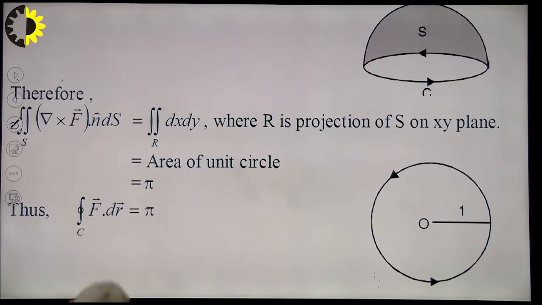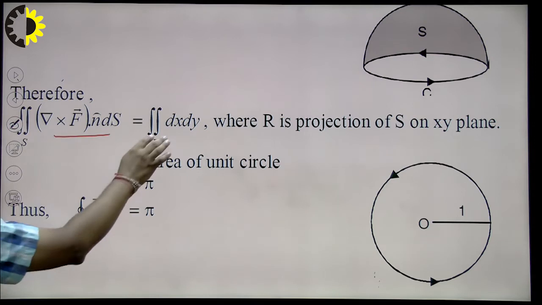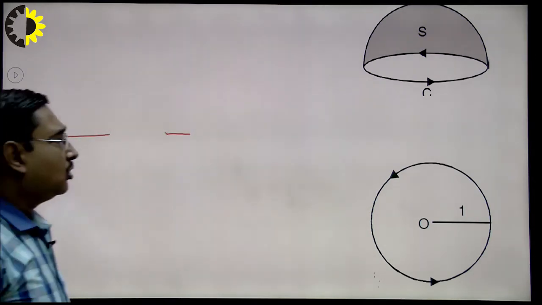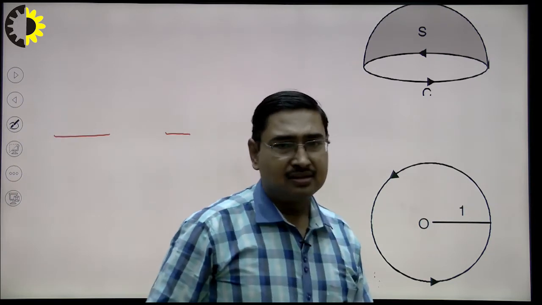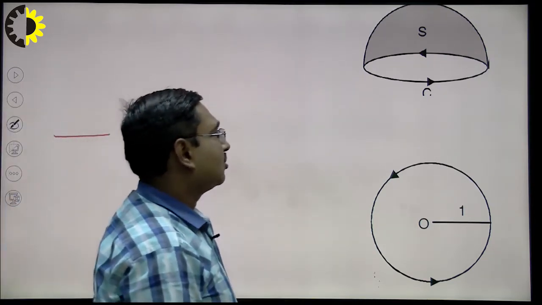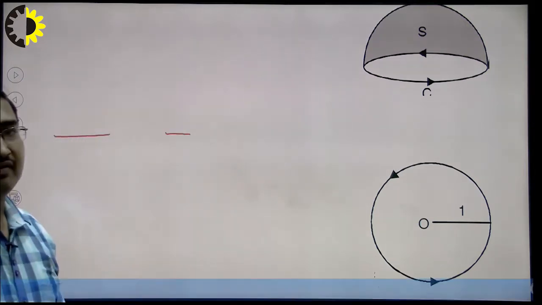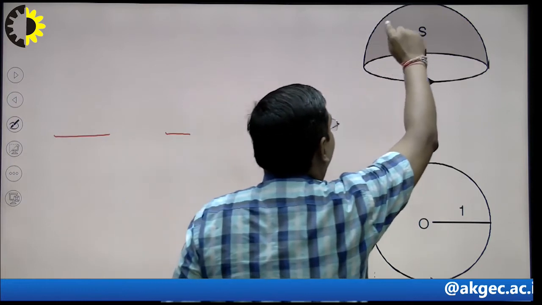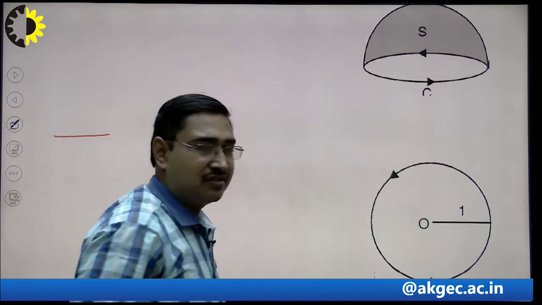Now we want to evaluate this integral del cross F dot n ds, which is nothing but dx dy. To evaluate this double integral, I need to calculate the limits or region over which the double integral is to be calculated. This is our surface of the hemisphere.